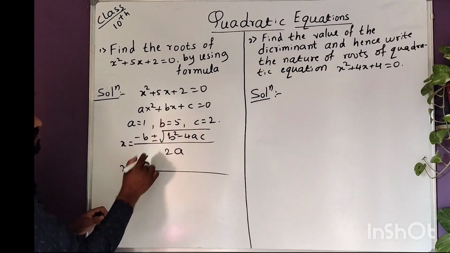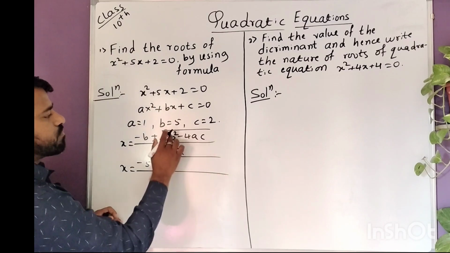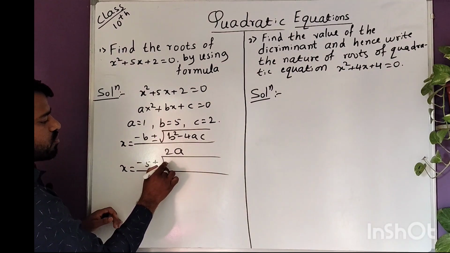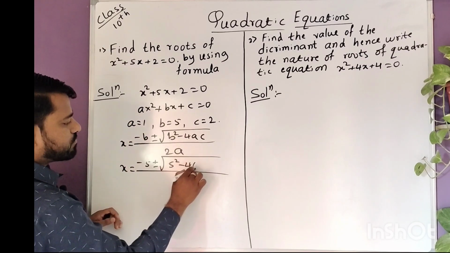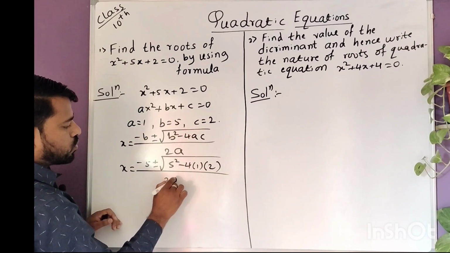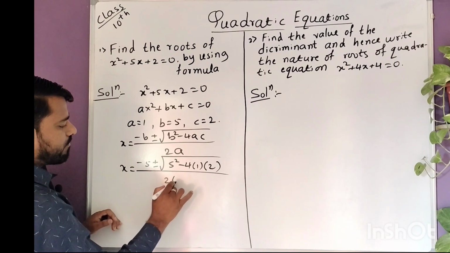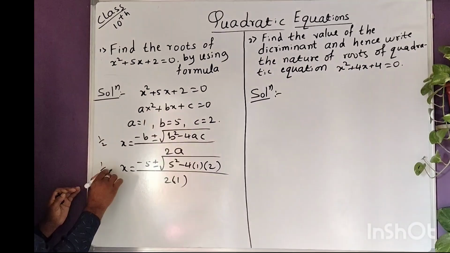So the b value is 5, 5 as it is, plus or minus as it is, square root of b square, again 5 square, minus 4 as it is, a value is 1, c value is 2, divided by 2 into the a value, again 1. Then simplify. For this you get half marks, and for this also half marks.